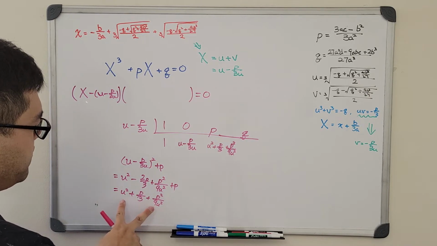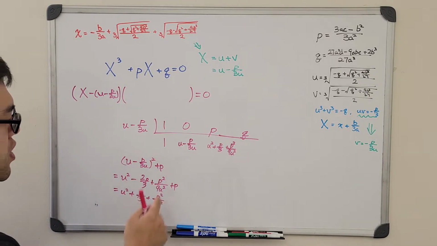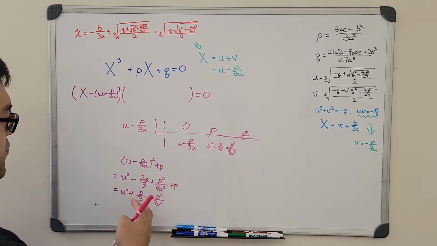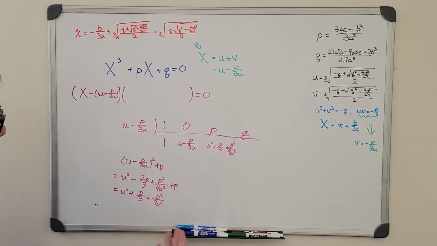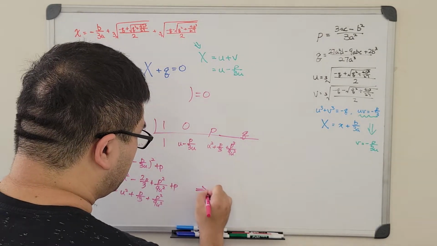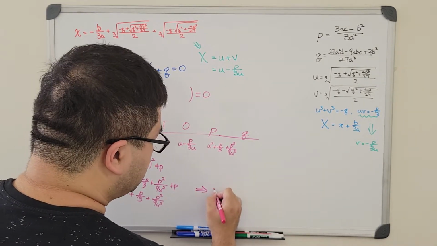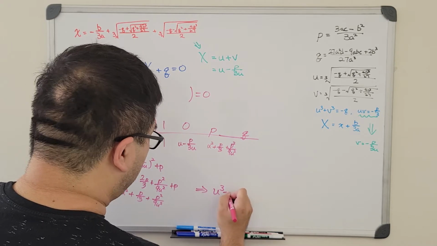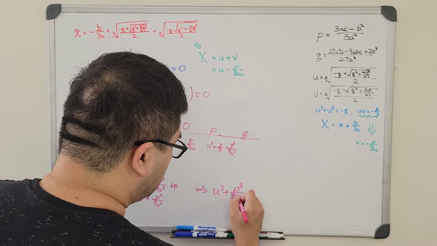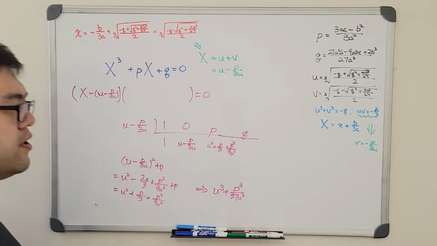So if we have this expression times the roots, notice that this is actually giving us the sum of the cube. So this provides us u cubed plus p cubed over 27u cubed.